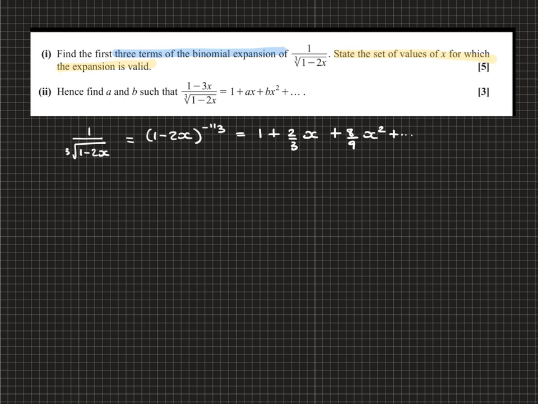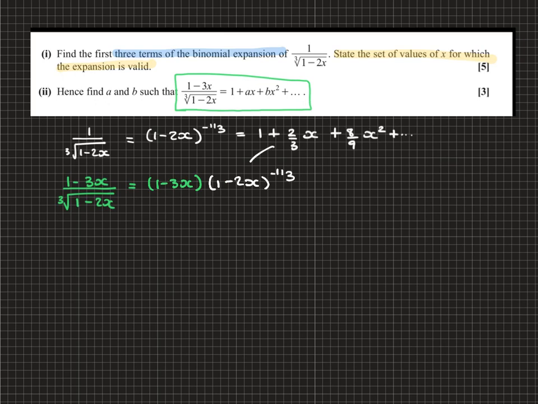So continuing with this example, let's look at part 2. We then have to find values of a and b such that this result here can be approximated by these 3 terms here. So the result that we've been given is 1 minus 3x over the cube root of 1 take away 2x, which we are going to rewrite as 1 minus 3x multiplied by 1 minus 2x to the negative a third.